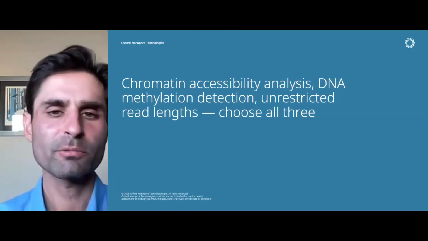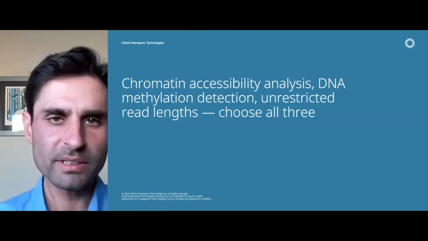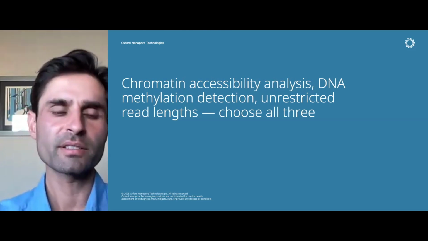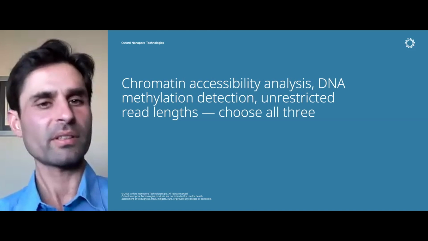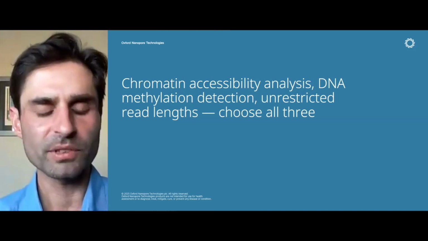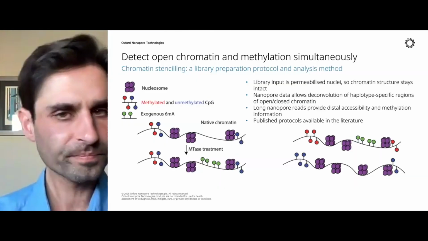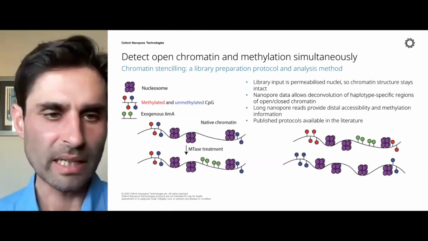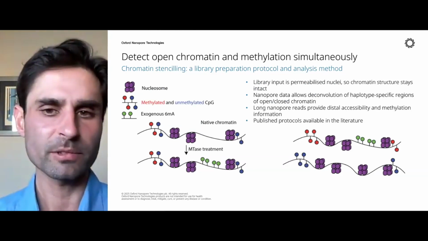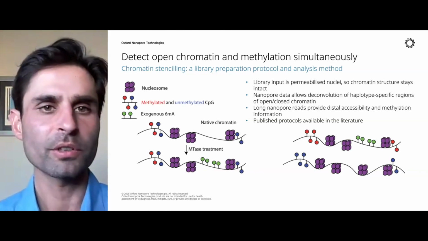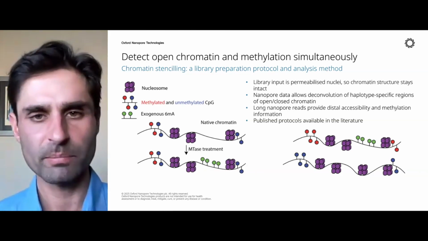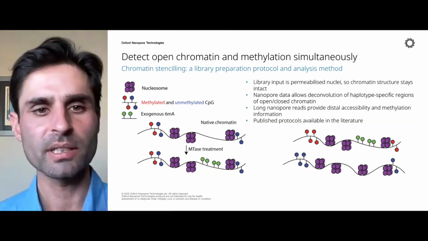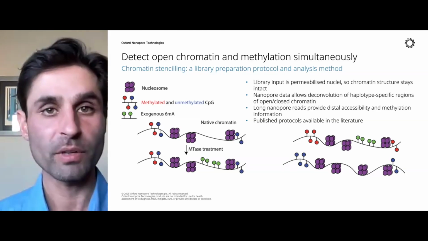So the next thing we're going to talk about is how you can do chromatin accessibility studies simultaneously with methylation detection using our platform. This technique, or techniques like it, has been around for a little while. They all follow a similar design philosophy: you take chromatin, or permeabilized nuclei containing chromatin, and treat them with a methyltransferase.